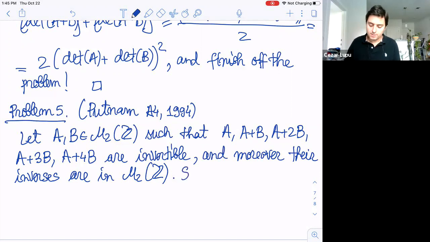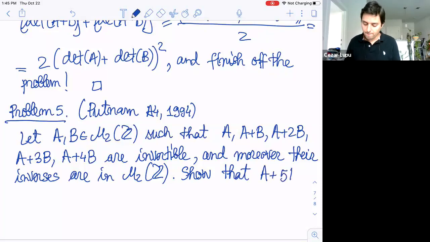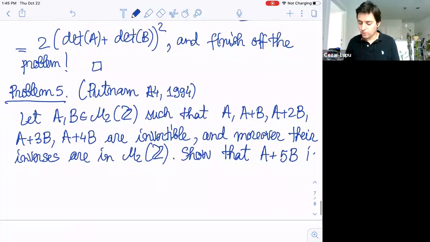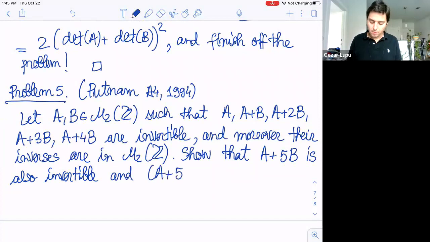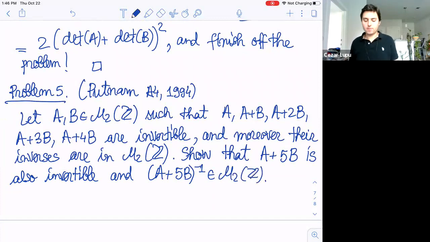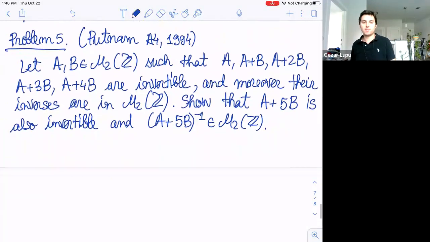Then the problem asks us to show that this matrix A plus 5B is also invertible, and the inverse of this matrix will have integer entries as well. All right, I want you to look at this problem.